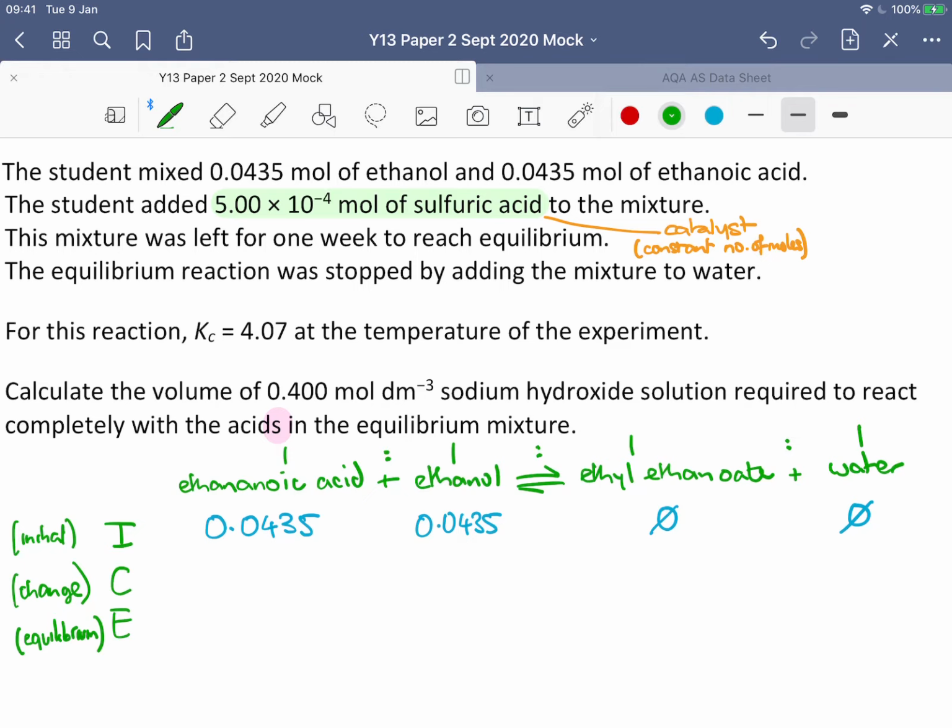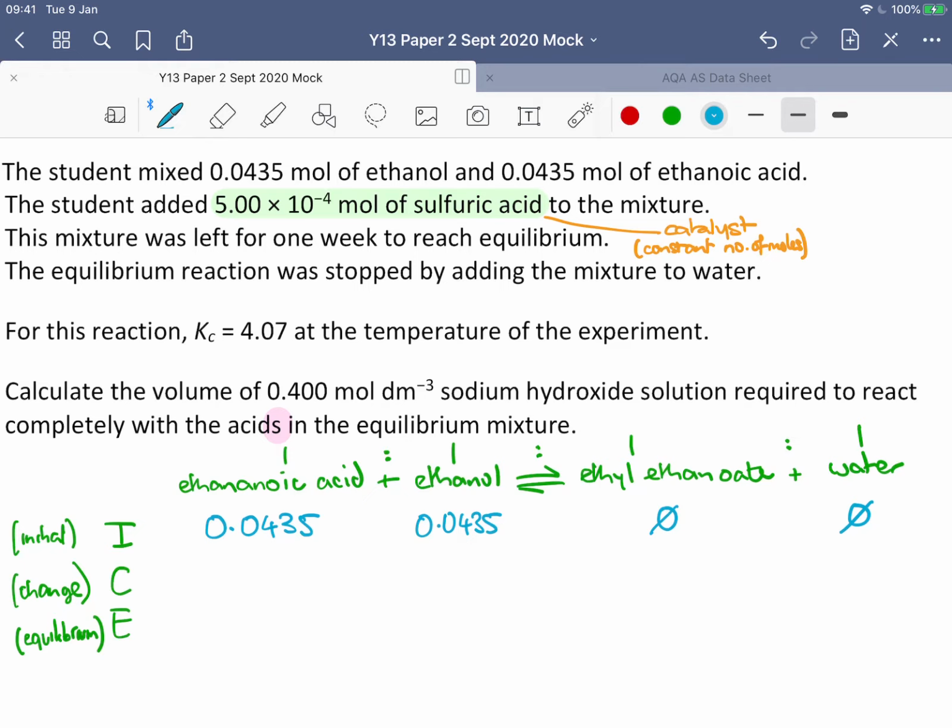That's important, right? So you should do that for your ICE table as well, because when you're trying to fill in the rest of the table, you need to know your molar ratios. That's very important. Okay, so we don't know how much ethyl ethanoate is going to be produced or how much water.